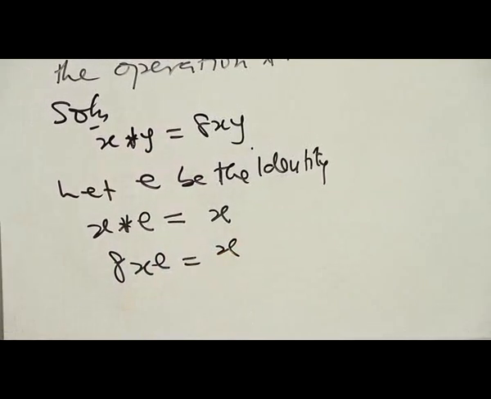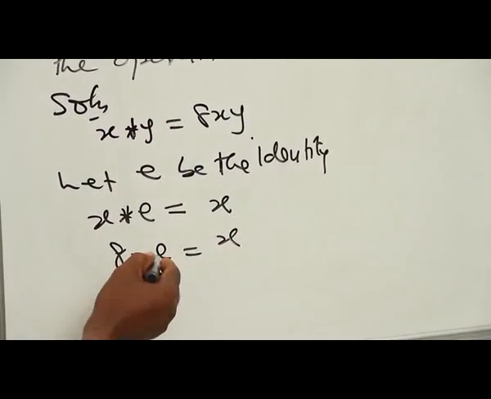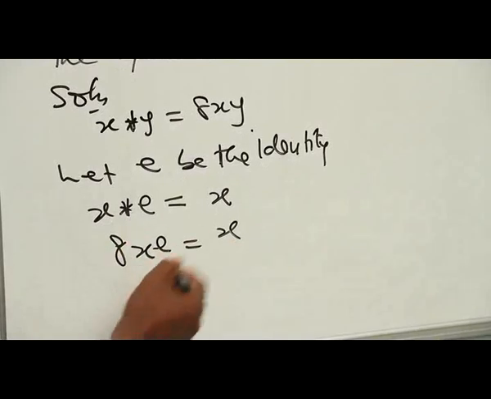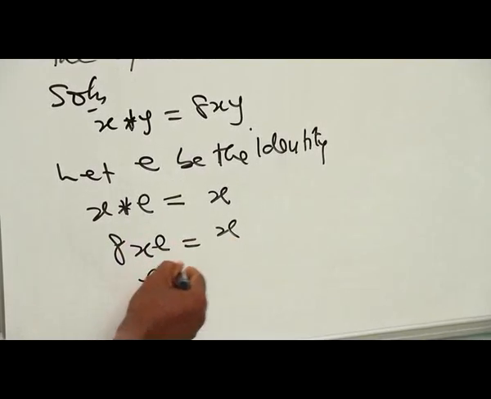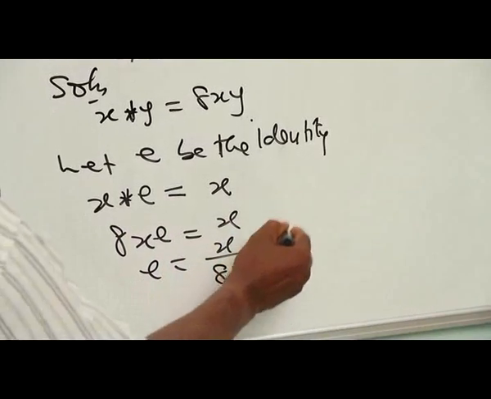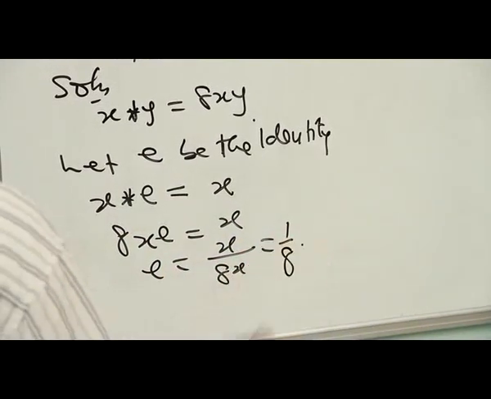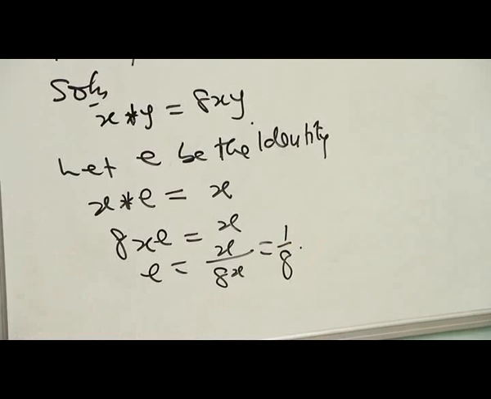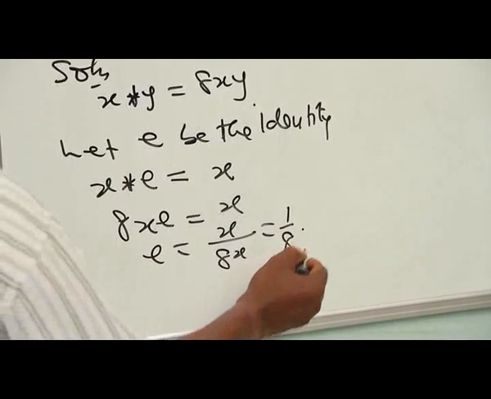Everything is equal to S. Now it is E you are looking for, so we can divide both sides by 8S, so we have E equal to S all over 8S, and that becomes 1 all over 8. So the identity element, therefore, E is equal to 1 over 8.